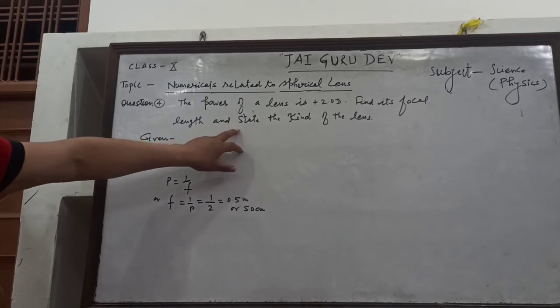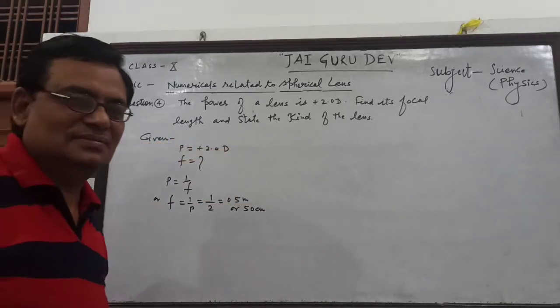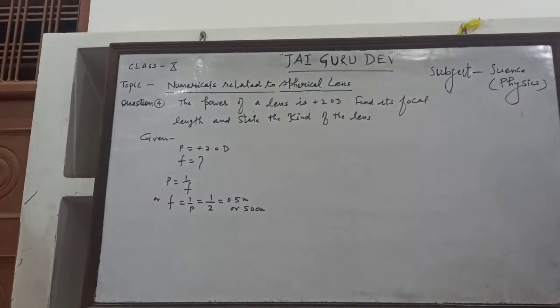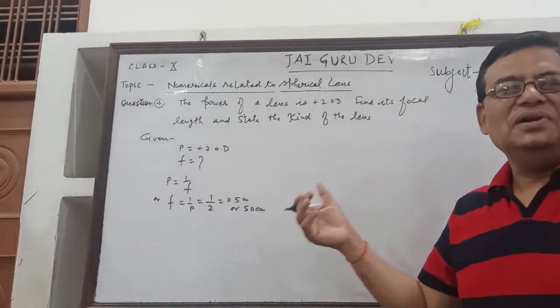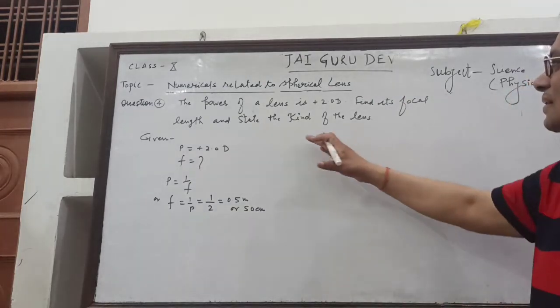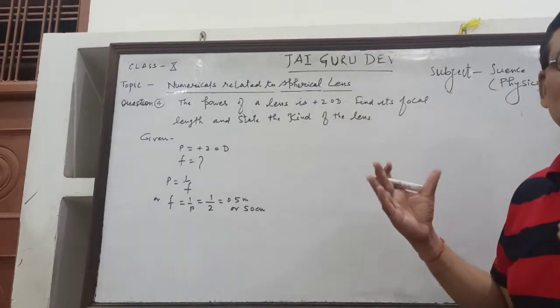Another part of the question is the kind of lens. So what is the kind of lens? You are having focal length positive, obviously. Power of lens, kind of lens is convex lens.